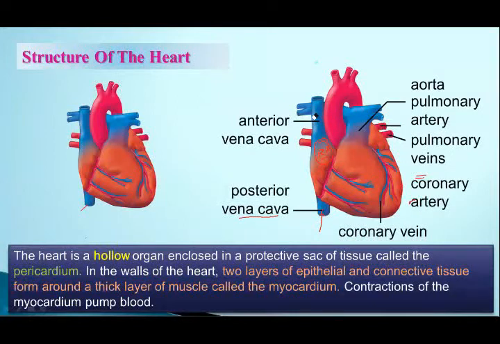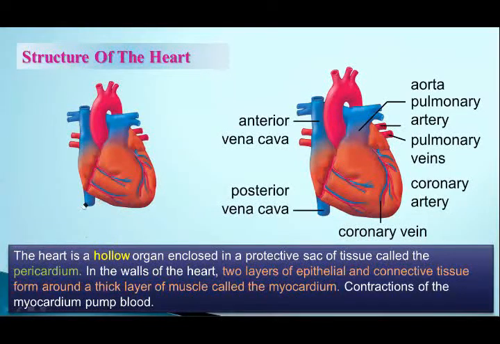The pericardium is a protective membrane. What type of protection is it responsible for? The heart is already inside your body. See, I told you there is a fluid. Remember, pericardial fluid.